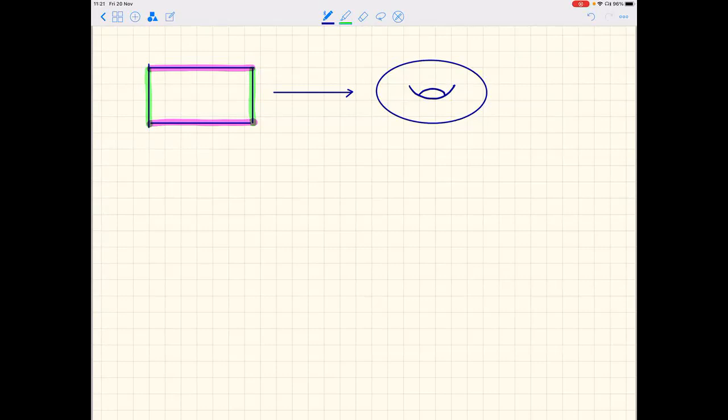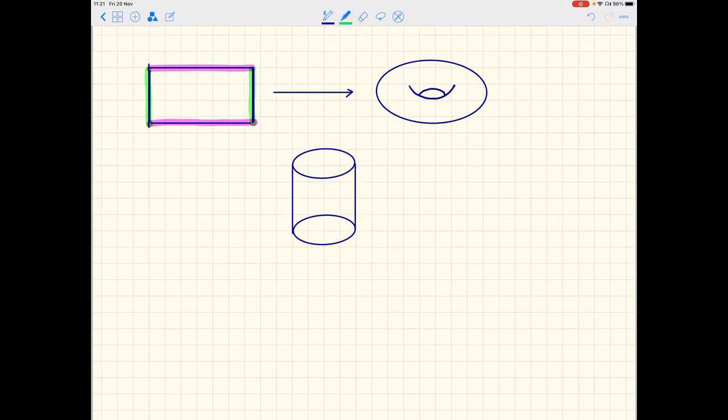Look at this. If I identify these two boundaries, what happens? Let's wrap it up. You go from a square to a cylinder, right?